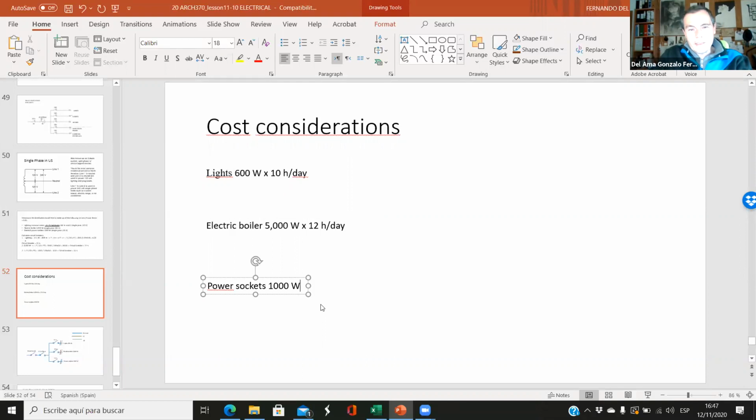And then the power sockets, well, first we need to understand, okay, if we have computers, a printer, whatever. How long do we use this per day? Computers, I don't know, 5 hours, the TV, I don't know. So just make a rough estimation. So let's say 6 hours a day.